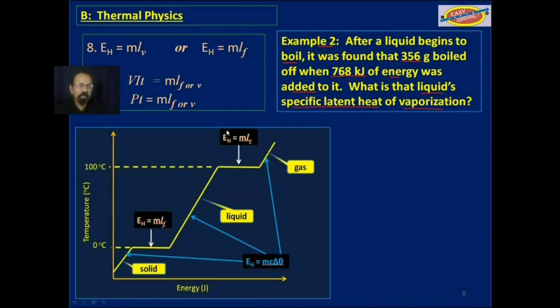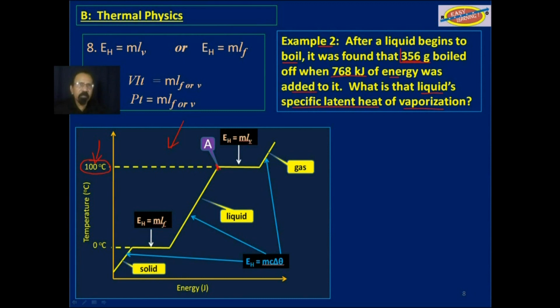So let us make a little sketch like what we see here. Let's see where we are starting and where we need to end up. If we were dealing with water, that would be 100 degrees. But it may be another liquid, so it does not necessarily have to be 100 there. Suffice it to say, though, that the liquid has begun to boil. So we are at A.